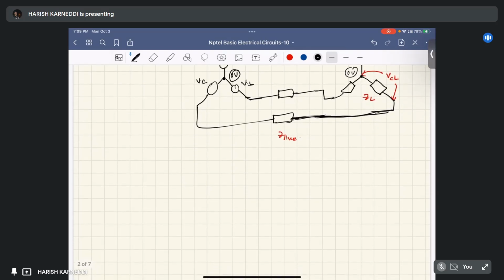The voltage divide rule, VCL, voltage across the load CL, equal to total voltage. The total voltage is C phase voltage into impedance of that load, that is Z load, by total impedance, right? That is Z line plus Z load.